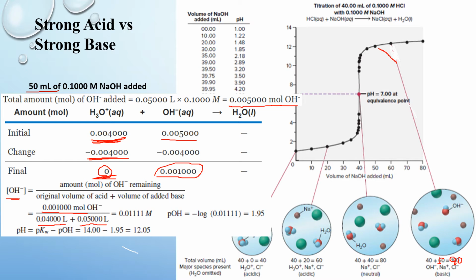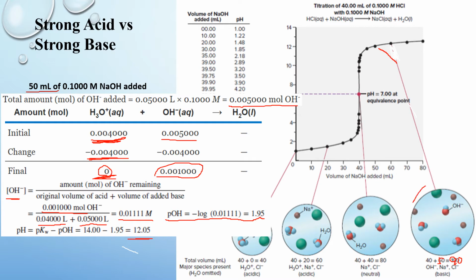So the final concentration of the hydroxide is 0.01 molar, and converting that into pOH, it is 1.95, and we know that pH plus pOH should be equal to 14, so the pH is equal to 12.05.